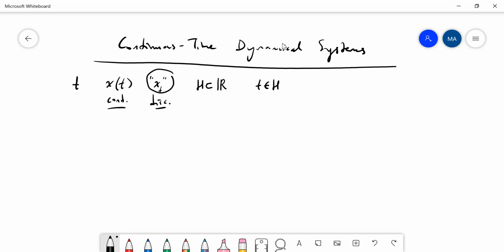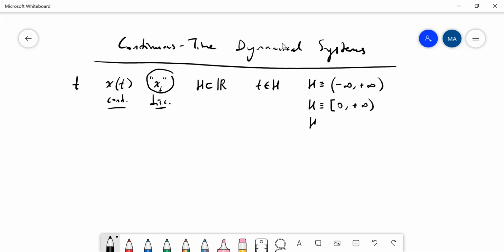Now, this H could be defined in various ways. More generally, if you take it as the real line, it is basically this, right? But most of the time, we want to be very specific about the initial point, okay?